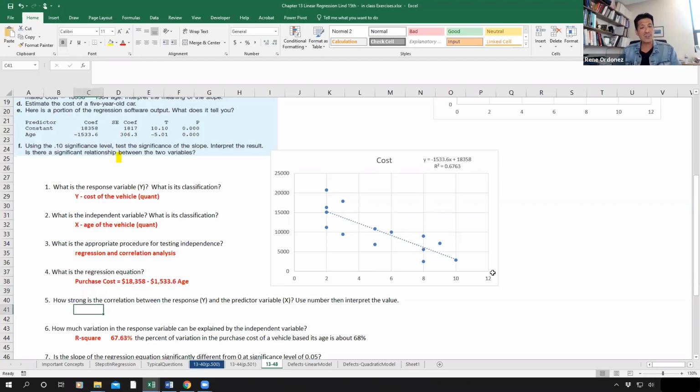So number 5, how strong is the correlation between the response variable and the predictor variable?